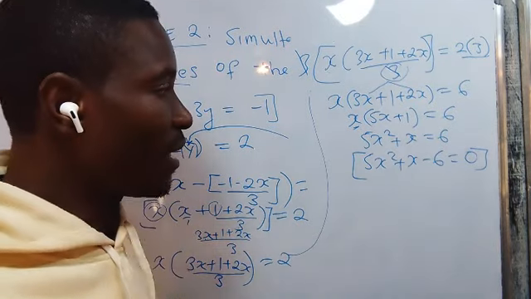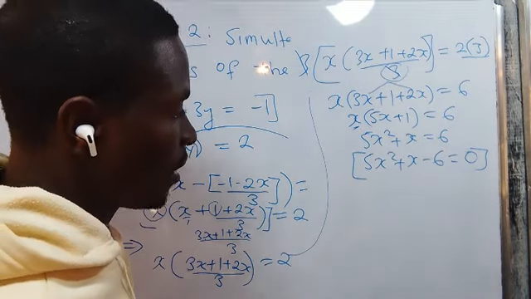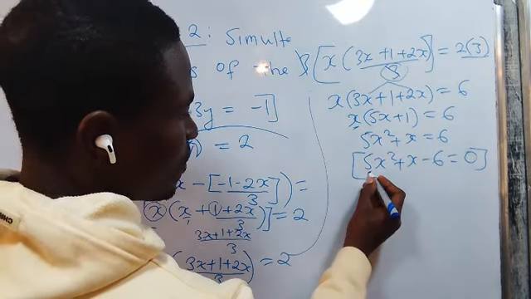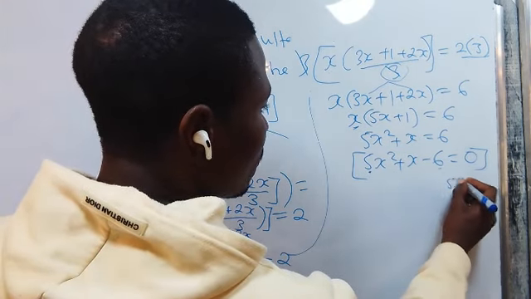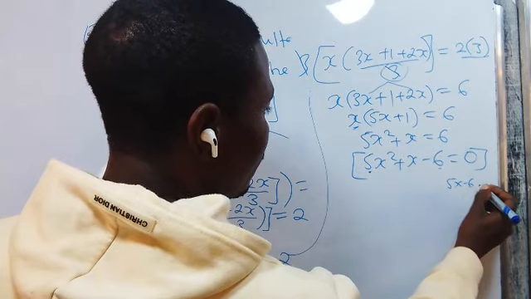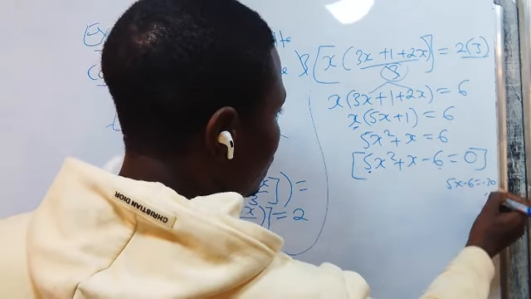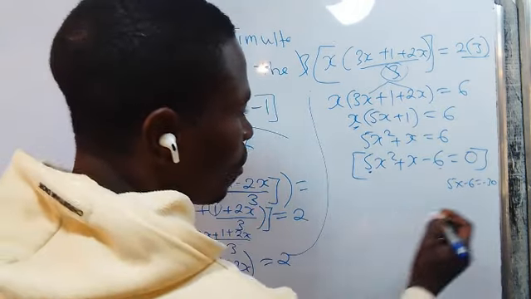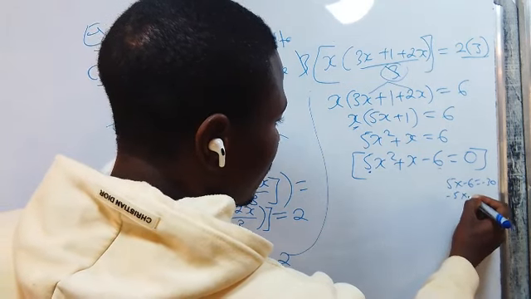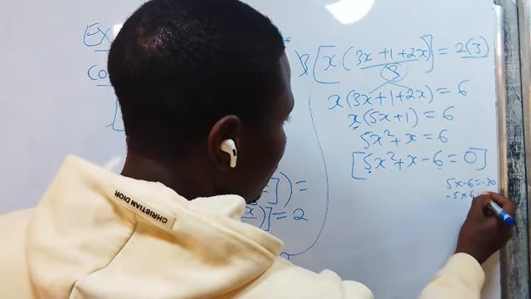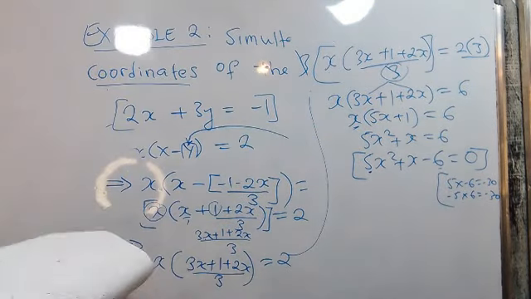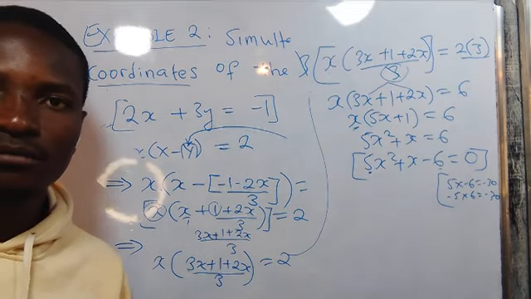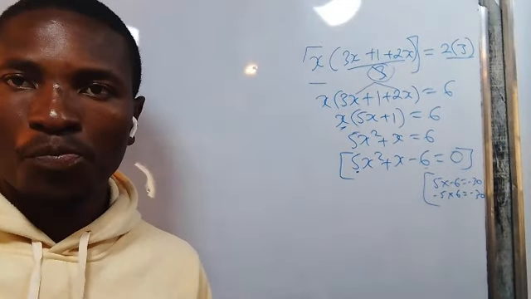So now from there, guys, what I'm supposed to do is multiply the coefficient of x squared by this one. So 5 times negative 6 gives negative 30, or negative 5 times 6 can also give negative 30.